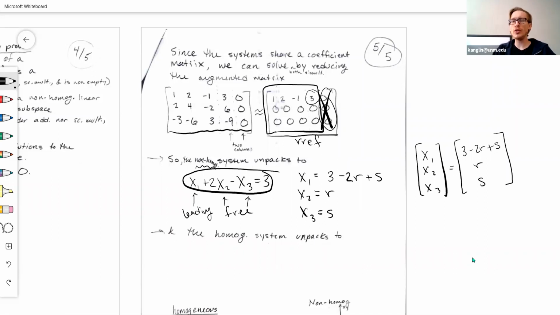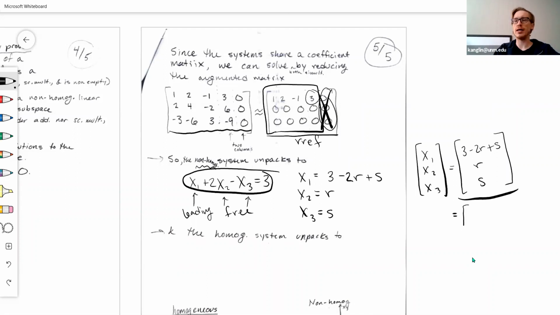Okay, I want to do this in a very specific way though. I'm going to decompose this into its constituent parts. I want to take all the stuff that has no parameters, r or s, put that in one vector, written as being added to another vector that only has r parameters in it, and add that to another vector that has only s parameters.